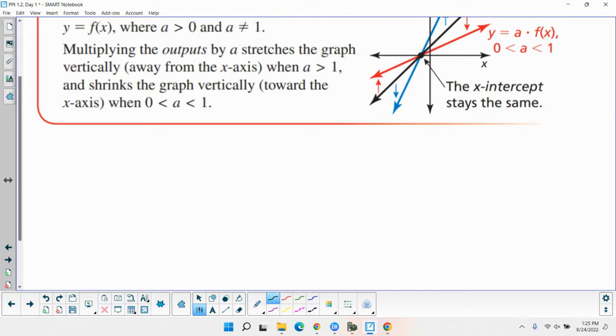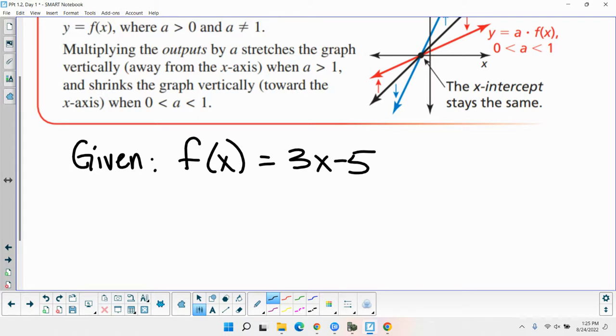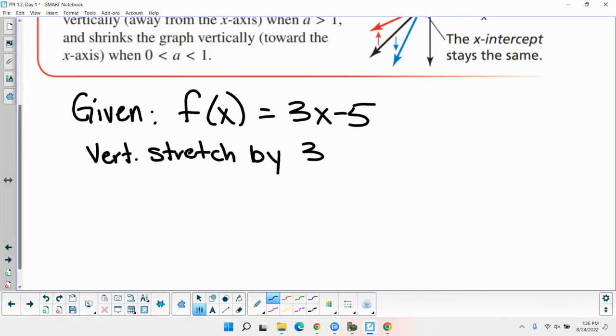Given again, the same one we've been using today. All right, so we're going to vertically stretch by 3. Okay, so that means I'm just going to multiply the whole thing.